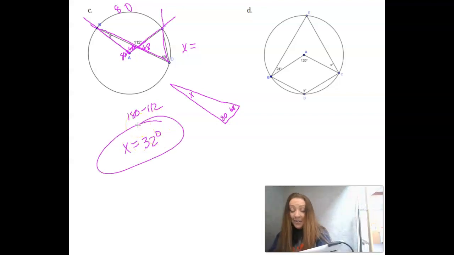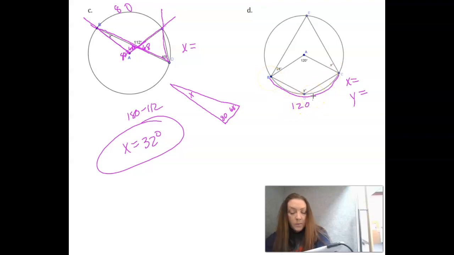All right, long enough. I know these are a lot of examples. So on D, it looks like we're looking for X and Y. Well, Y is an inscribed angle. X is also, well, it's not even inscribed. But let's see, if this is 120, the central angle, that means from here to here is also 120.